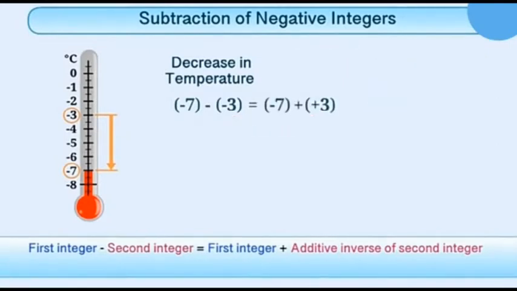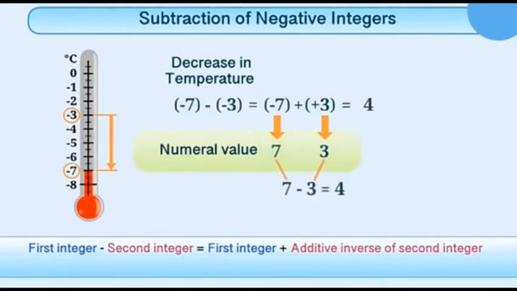In order to add plus 3 to minus 7, first we will subtract the smaller numeral value, that is number without sign, from the larger numeral value. And then we will put the sign of the bigger number. By doing so, we will obtain the result minus 4. From the result, it is clear that the temperature has decreased by 4 degrees centigrade.